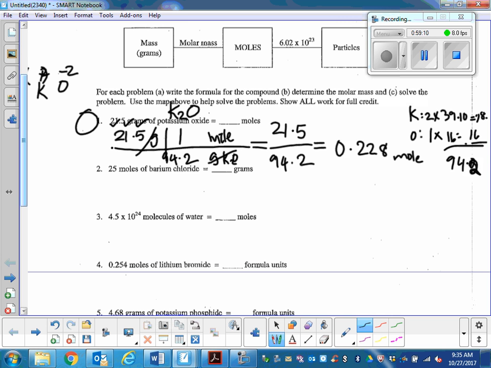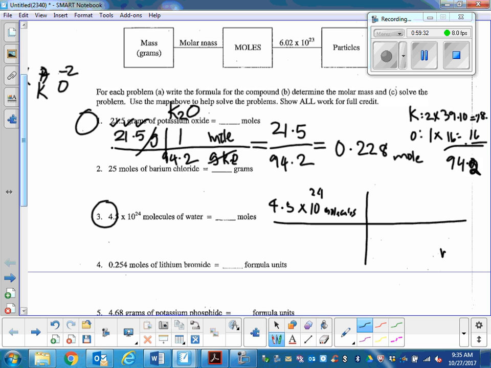Okay, let's jump down to problem number 3. We are going from molecules to moles. So I have 4.5 times 10 to the 24 molecules. I cancel out molecules and I'm going to moles.